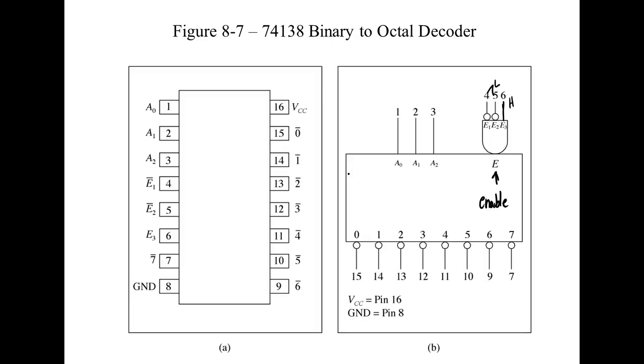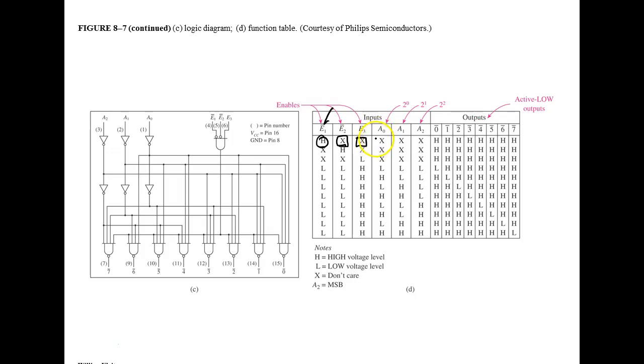This guy right here is supposed to be low and it's high. Well, as soon as that one's high, there's no way this is going to enable this guy. So those other three enables don't mean anything. So it says this is don't care, this is don't care, this is don't care, because all the outputs are going to do what? All the outputs go high.